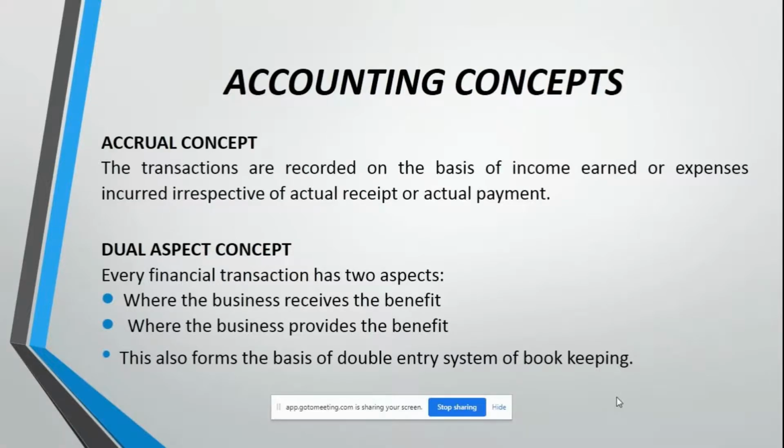So what happens? The supplier would wait for a couple of days or for 1 month or 2 months. There is no payment from your side. Would he continue to supply the stock? Never. He will not do that because once trust is broken, again he is not going to supply the stock anymore. So what happens is, moment I purchase the stock from my supplier, I have to record it instantly.